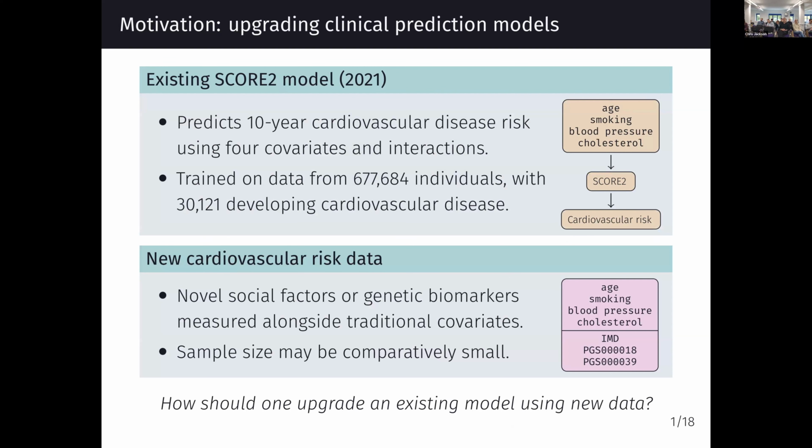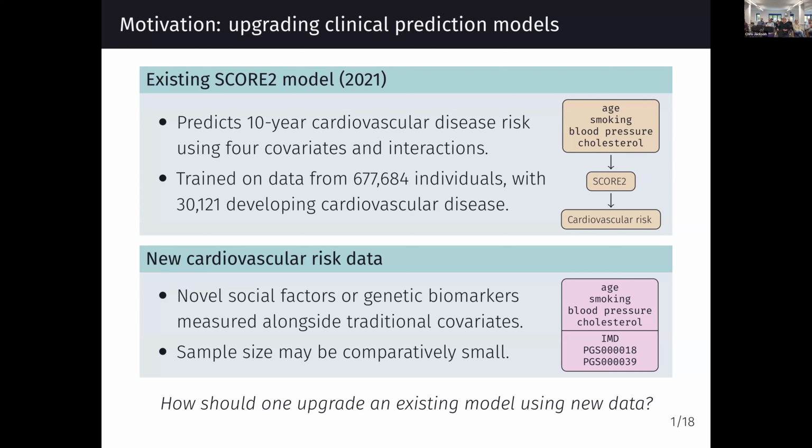It's a fairly simple linear predictor model based on 4 covariates and a few interactions between them. This was originally trained and released back in 2021 on just under 700,000 individuals, with just over 30,000 of those actually developing cardiovascular disease at some point. So a fairly small proportion of these people experienced an event in the 10-year study period.